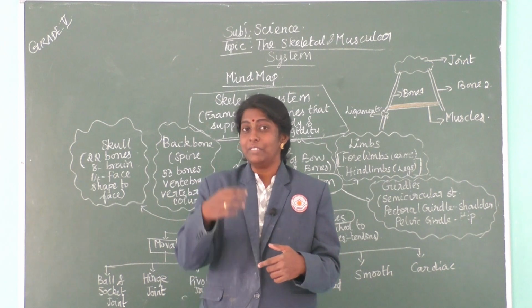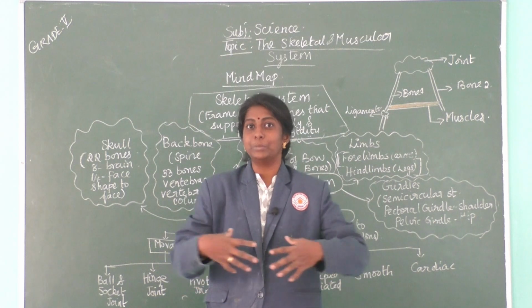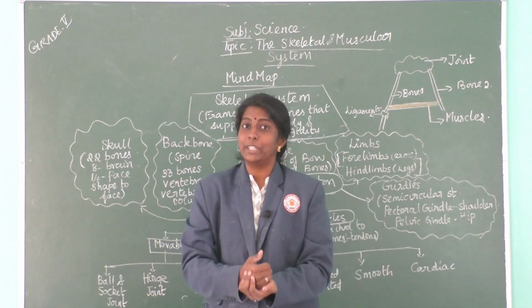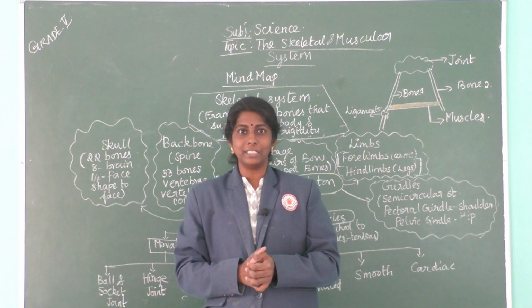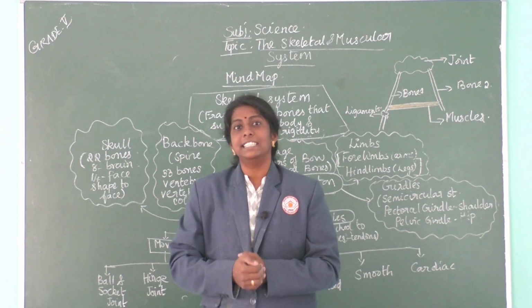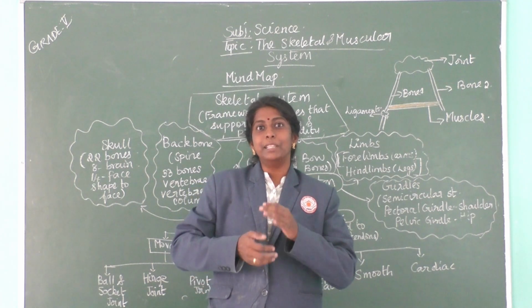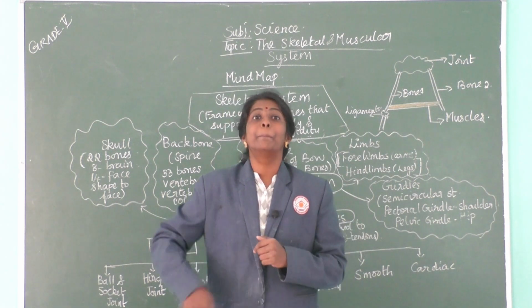Okay, so only with the skeleton, bones and muscles together is considered altogether as a human body, is it not? So the rigid framework is the skeletal system. Clear? So the skeletal system is built by the vertebral column or backbone.